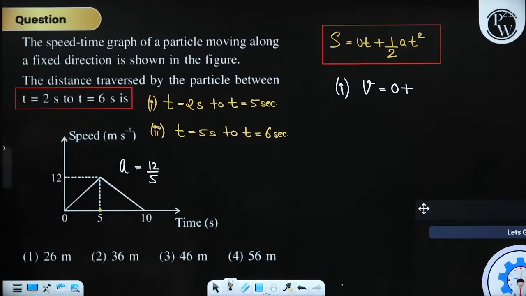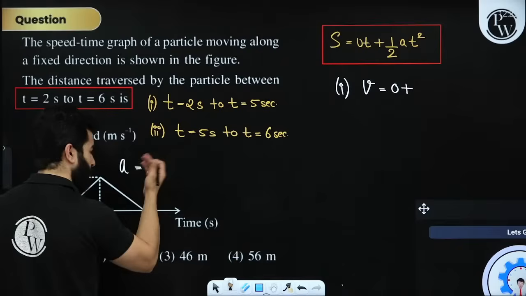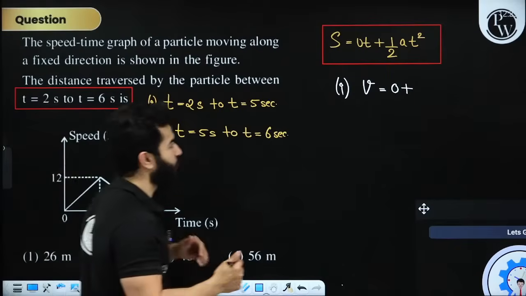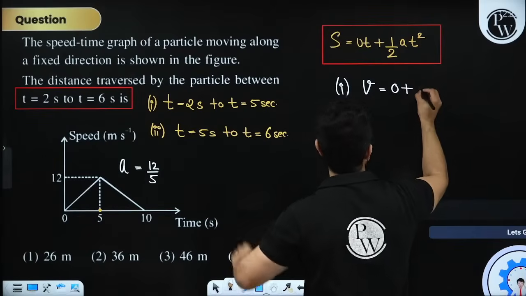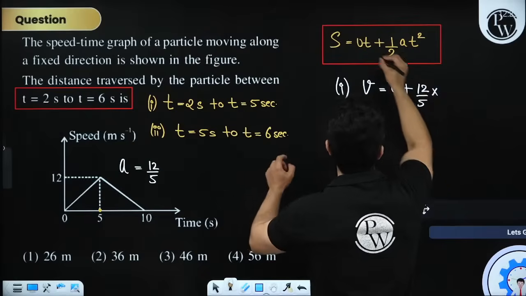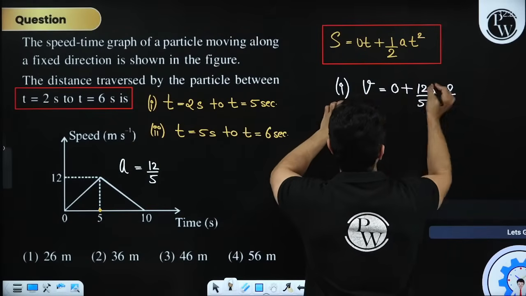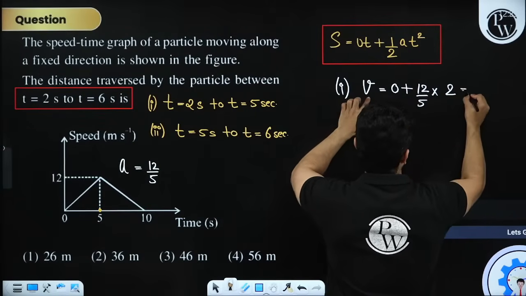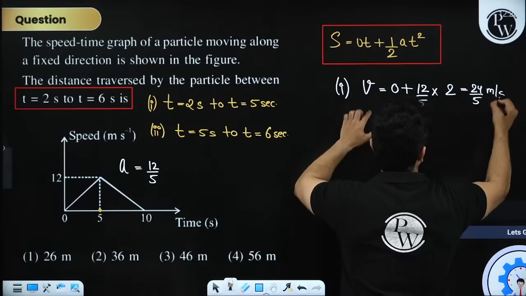Hopefully this is all good to you, right? So 12 divided by 5, if you want you can change this, if not, no problem. So v equals u plus at, acceleration is 12 by 5, and time is 2 seconds. So we know the initial velocity is 24 by 5 meter per second.